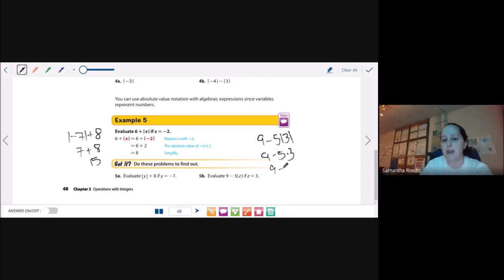So 9 minus 15 is going to give me -6. Okay. So -6.